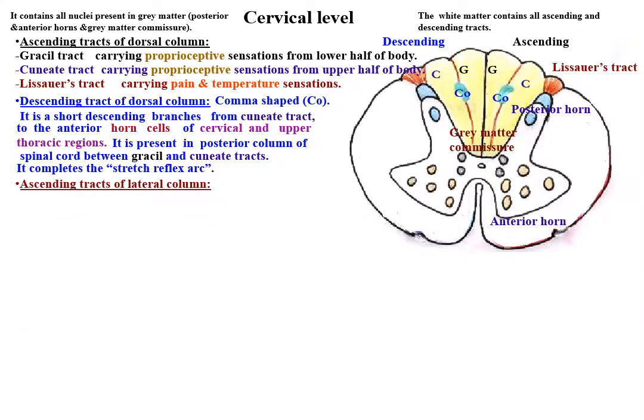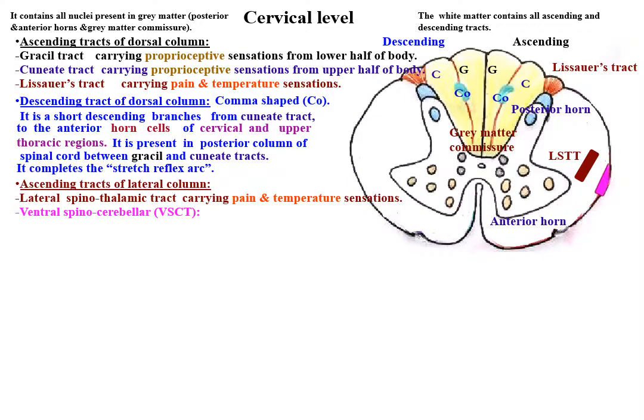Ascending tracts of the lateral column are lateral spinothalamic tract, carrying pain and temperature sensations from all the body. Ventral spinocerebellar tract, carrying unconscious proprioceptive sensations from the lower half of the body.